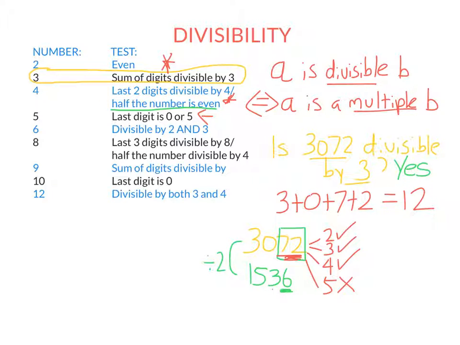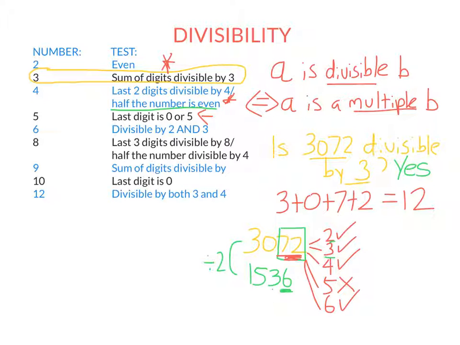Okay, so let's look at whether or not it's divisible by 6. The test is just whether it's divisible by 2 and whether it's divisible by 3. Well, we know it's divisible by 2 because it's even. We know it's divisible by 3 because the sum of its digits is divisible by 3. So therefore, yes, 3072 is divisible by 6 as well.